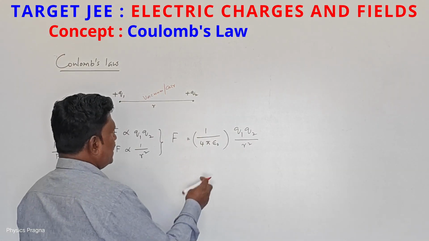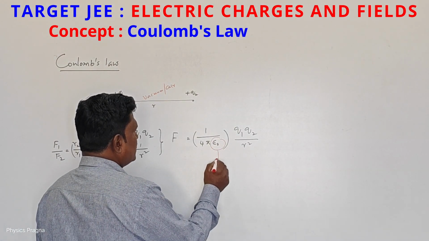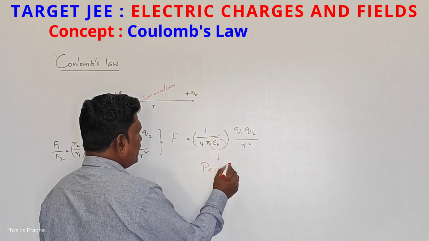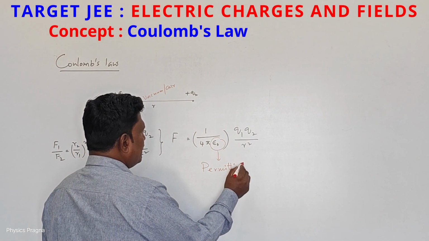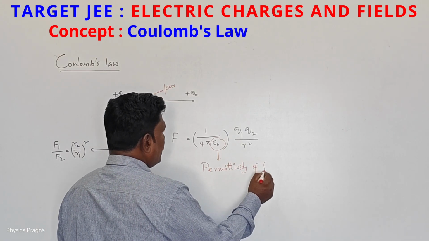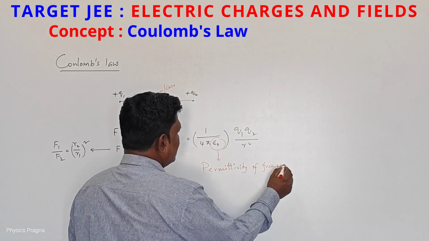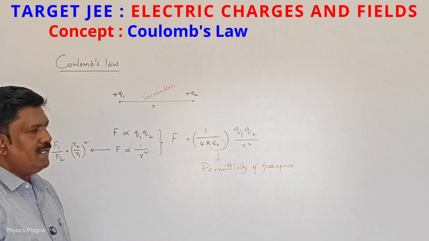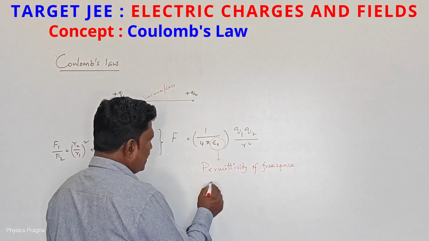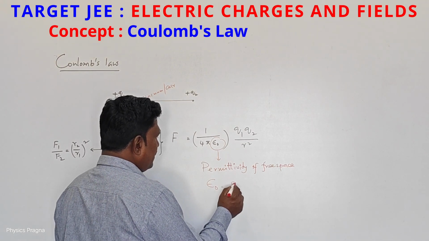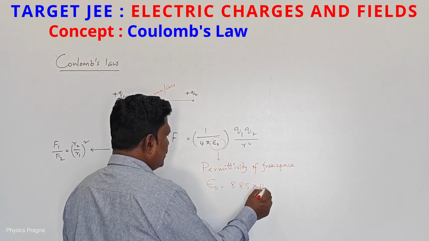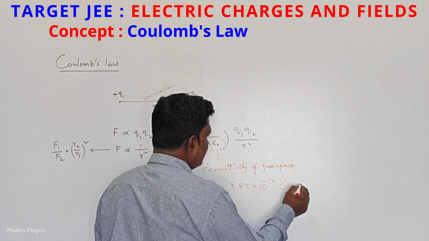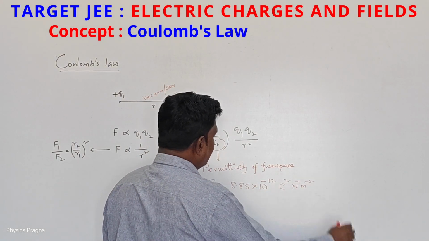Particularly this term epsilon naught is called the permittivity of free space. Free space means vacuum or air. The value of epsilon naught is 8.85 into 10 to the power of minus 12 Coulomb square per Newton meter square.